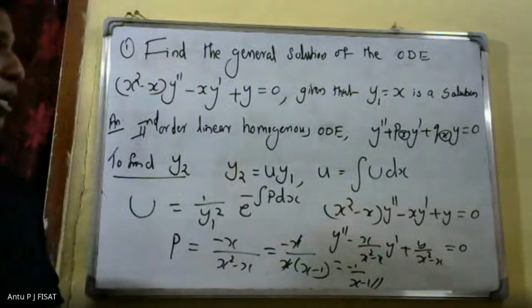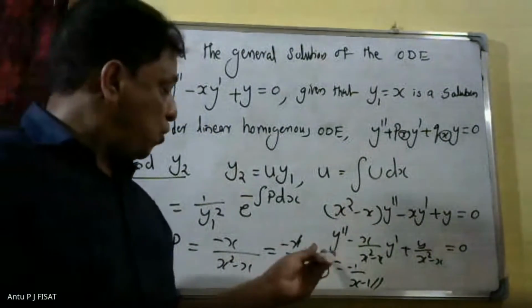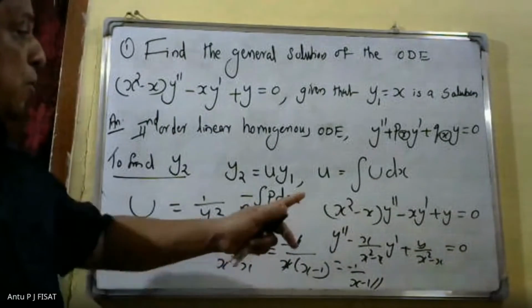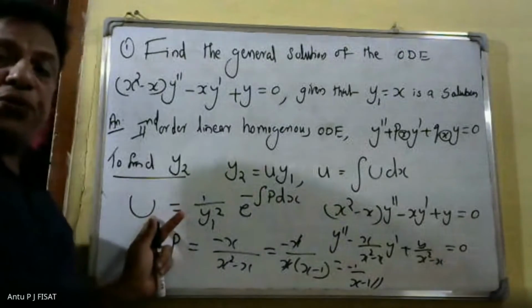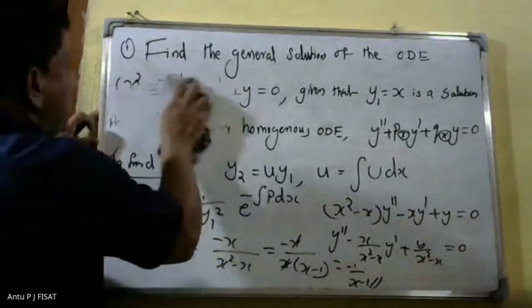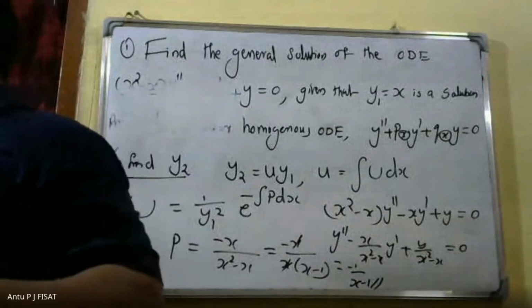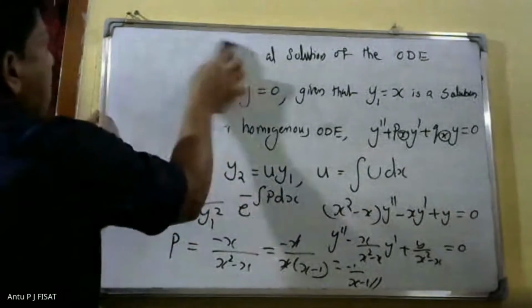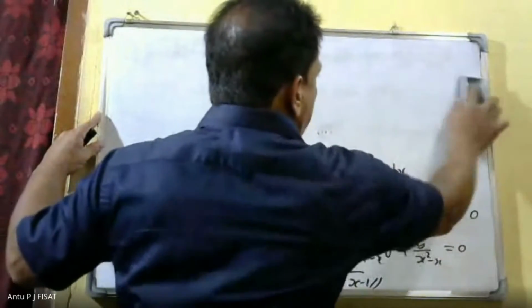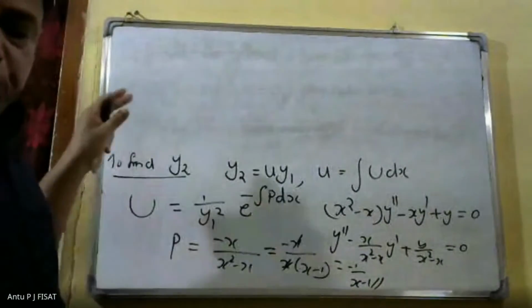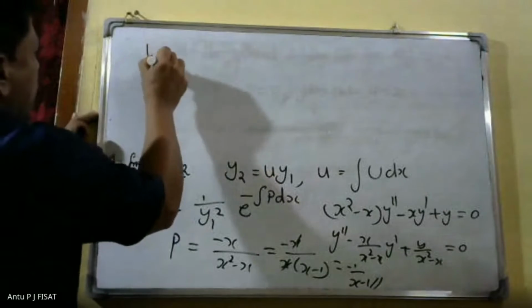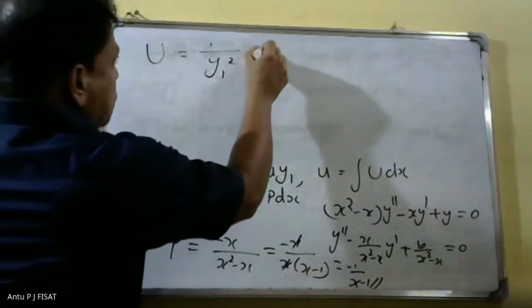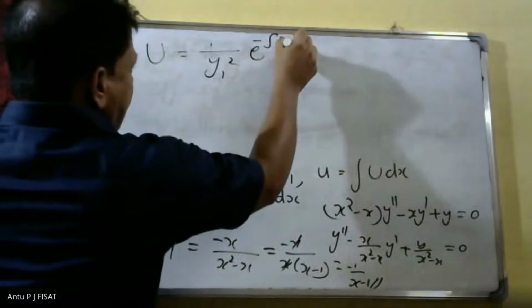So first we find out the value of p. Then we find out capital U. To find the value of U, we use the formula U = (1/y1²) e^(−∫p dx).